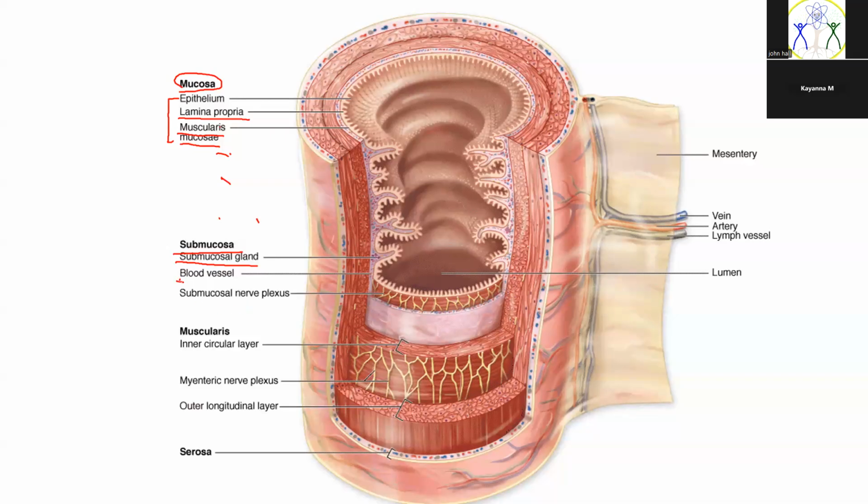You will also find your major blood vessels here, and you will even find a network of nerves called a submucosal plexus, okay? Which of course means you can send and receive signals from the submucosa, increasing activity, for example, of glandular secretion or decreasing glandular secretion as the need may be, okay?